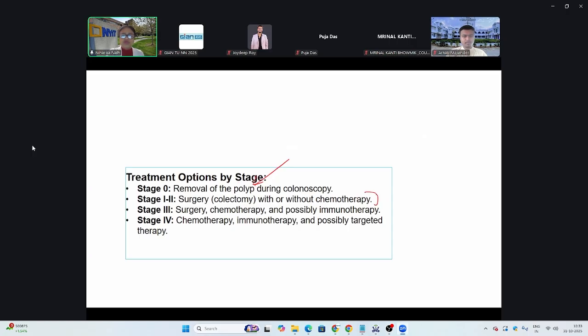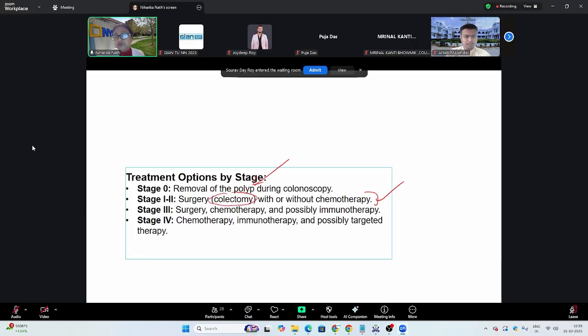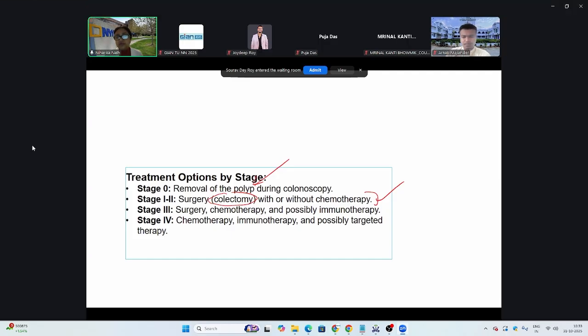Stage 1 and 2. When one finds out that he or she has stage 1, that it has passed through the membranes, then there has to be some kind of surgery, and it has to be decided how much of the colon they are going to resect out, how much to take out.